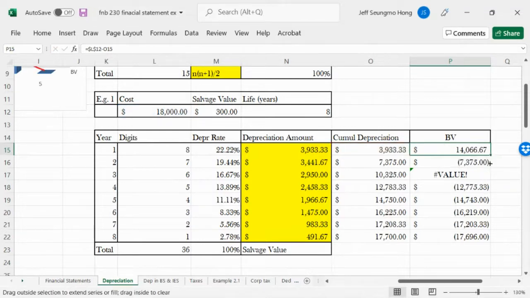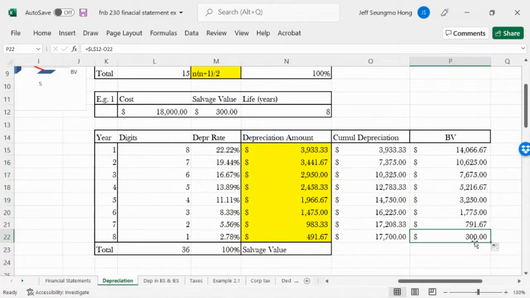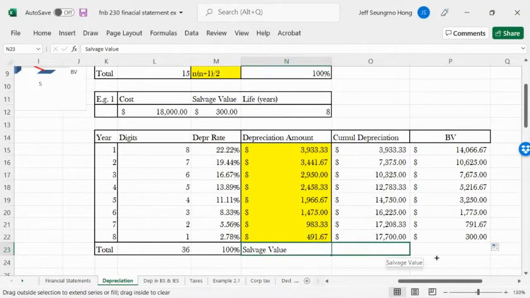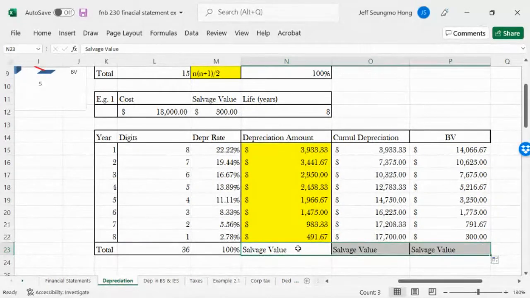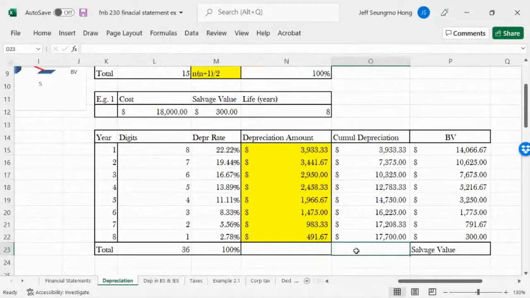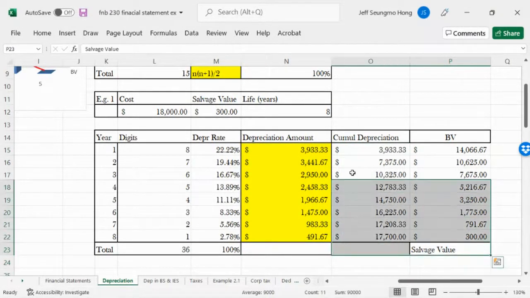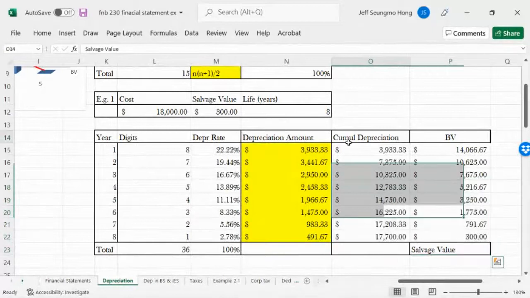And then you exactly end up with the salvage value, and that's what a good depreciation schedule looks like.